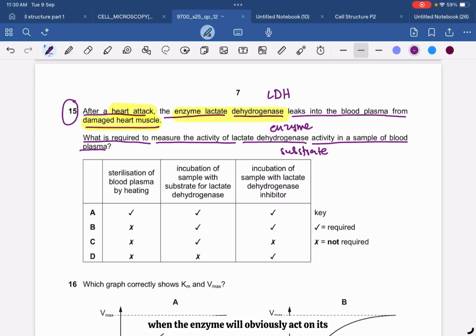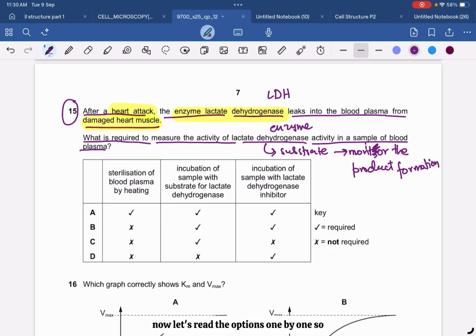When the enzyme acts on its substrate, we can monitor the product formation. So by this we can actually measure the activity of the enzyme.